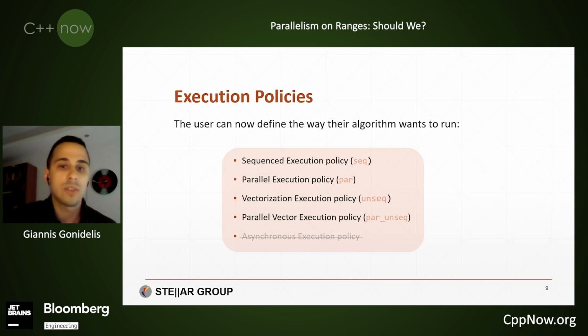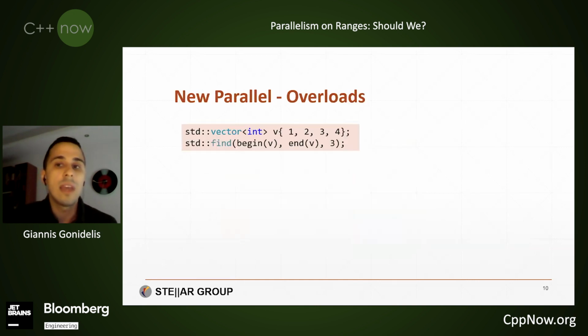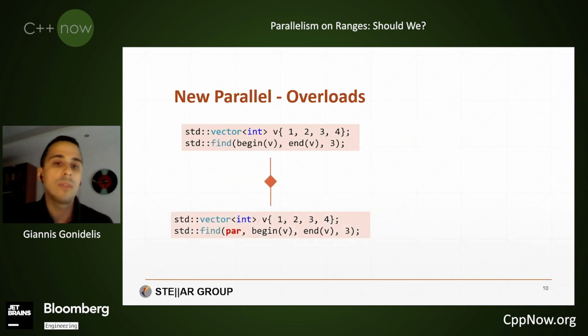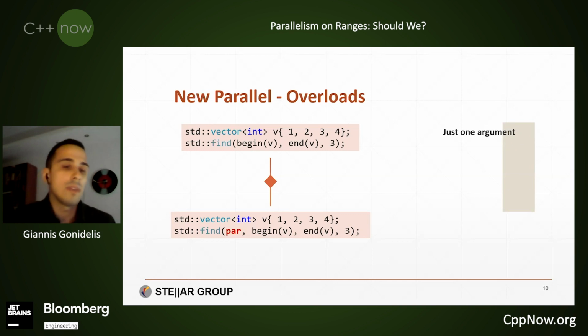So whatever has to do with parallelization or vectorization or the combination of those two can be applied to the algorithm in a very intuitive and readable way. I would like to note here that it required for the algorithmic APIs just one additional argument, the argument of the execution policy. And your code would then run in parallel and it would be far more performant than it used to be.